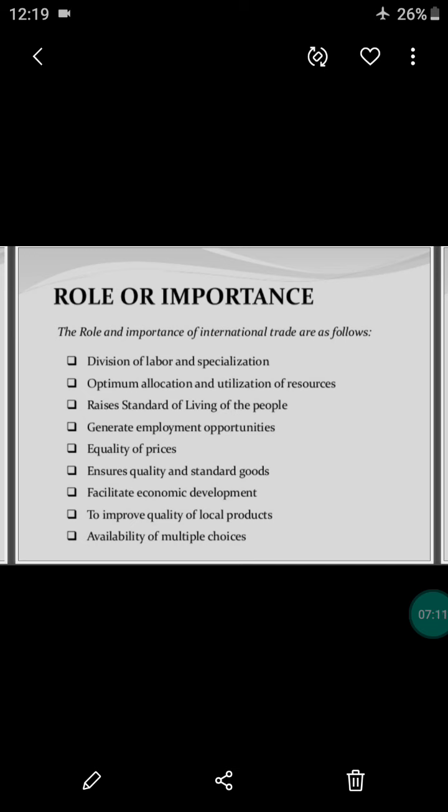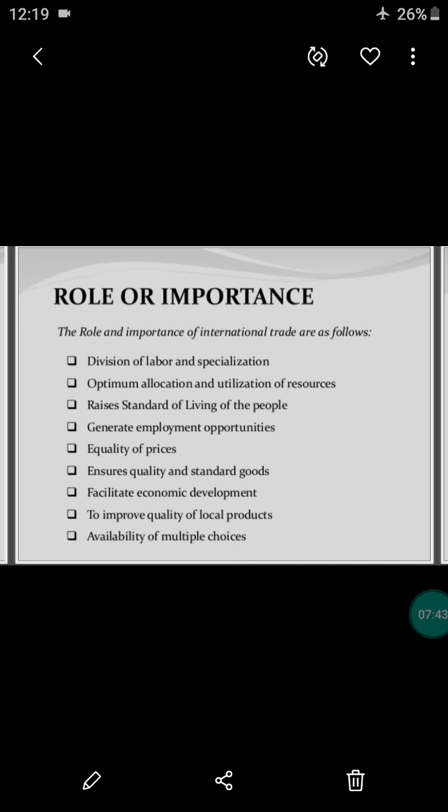The second one is proper allocation of resources and also optimum allocation of natural resources. As I already told, each and every country does not possess all kinds of natural resources, and also the labor of that country does not possess the required and adequate technology, practice, or experience to make use of those natural resources.